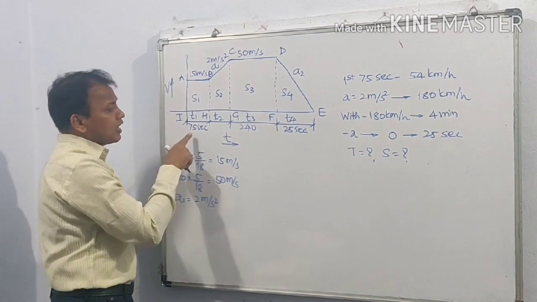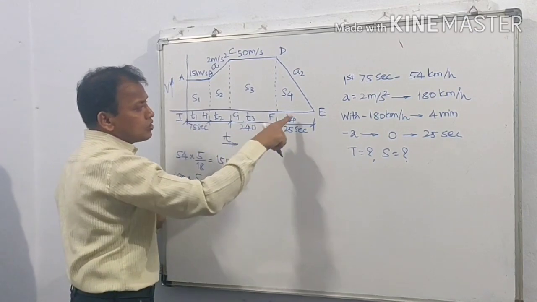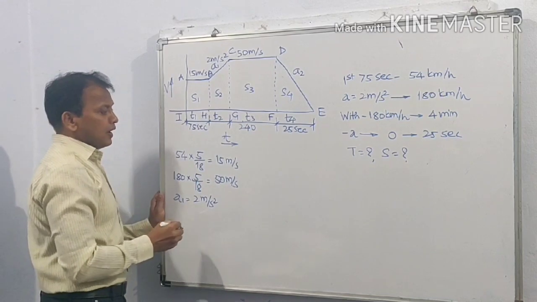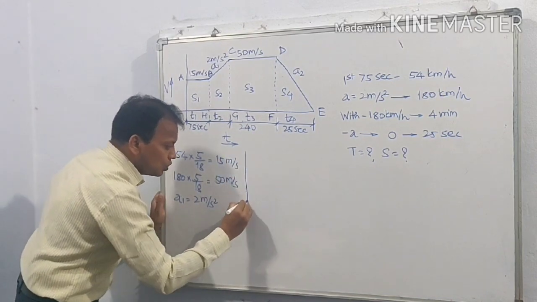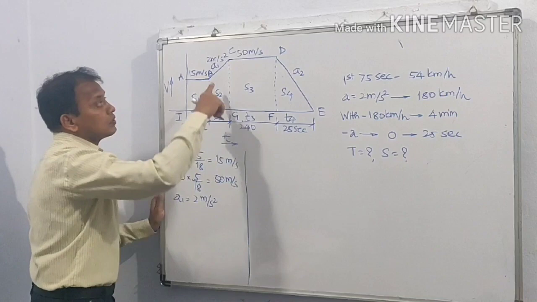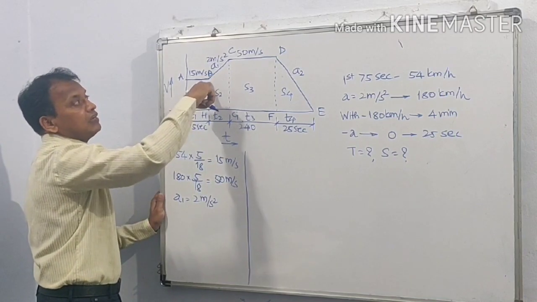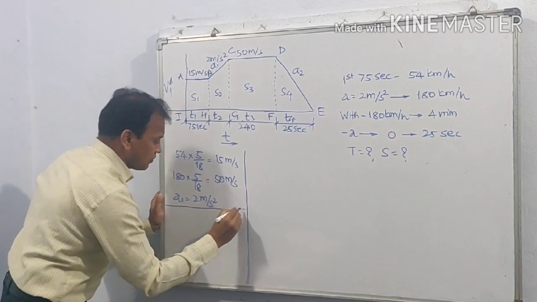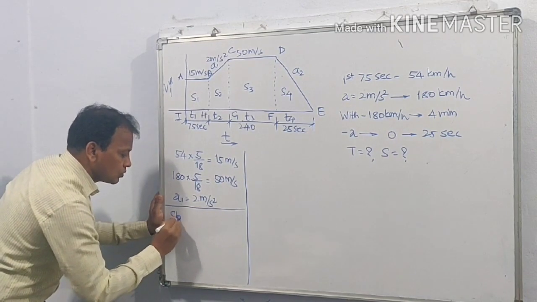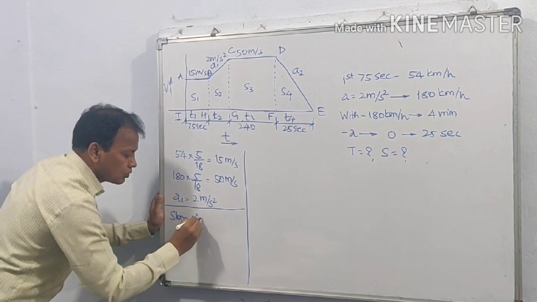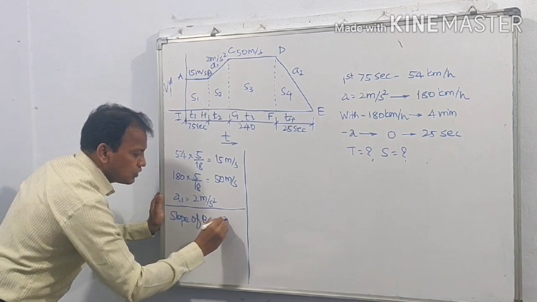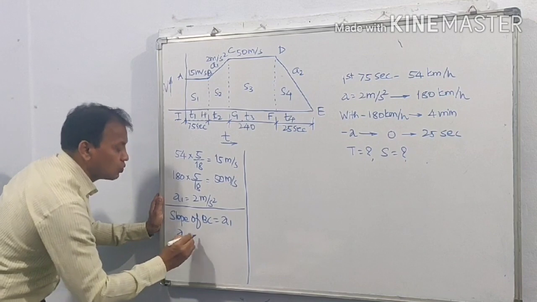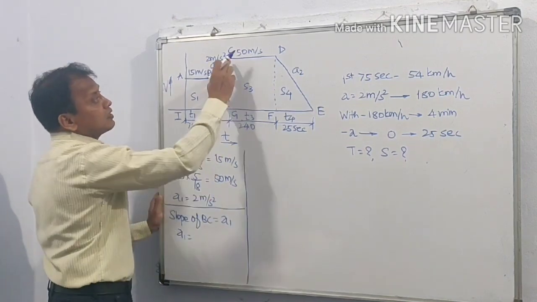To find total time, T1 is known, T3 is known, T4 is known, only T2 is unknown. And we can find T2 from slope of the line BC. So slope of BC is equal to A1. How are we finding it?